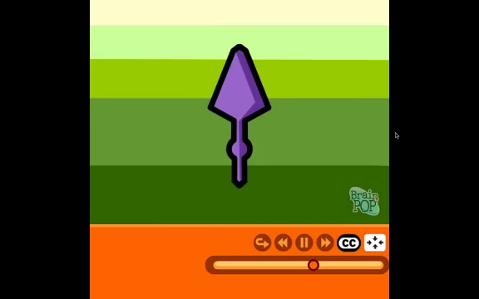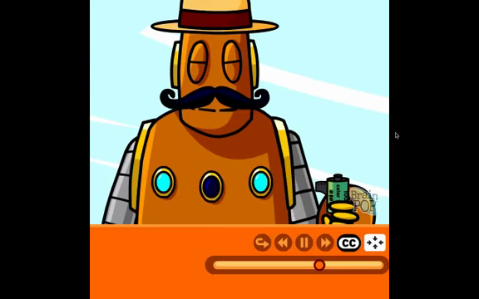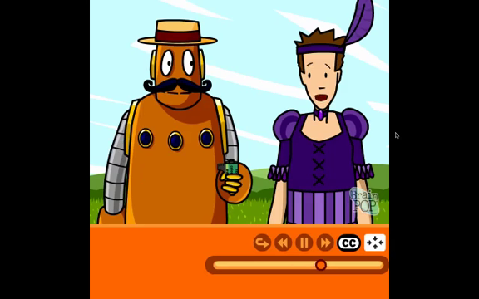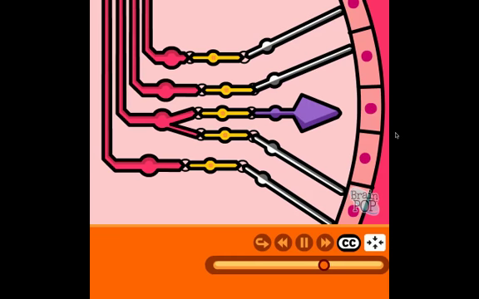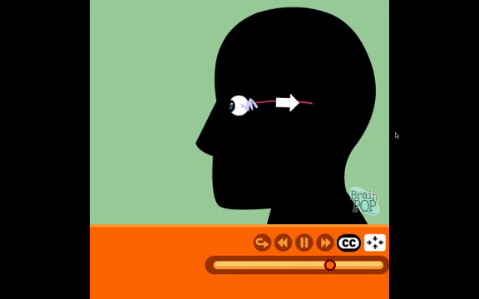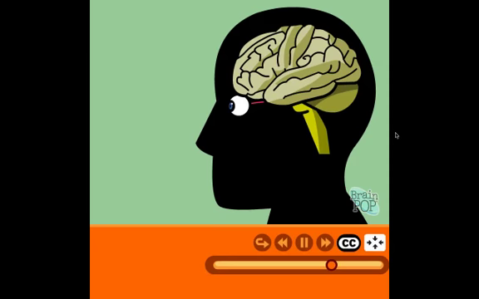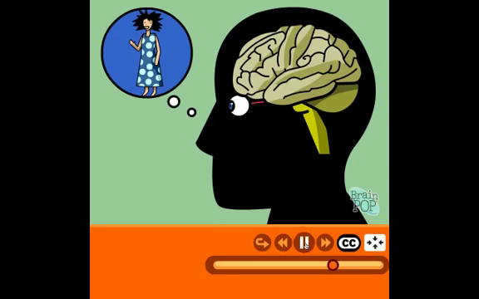The cones are less light sensitive, but unlike the rods, they can detect color. No, I am not posing for color pictures. So the lens projects an image onto your retina where the rods and cones transform the light and color into electrical impulses. These are transmitted up your optic nerve and into your brain. There, your brain decodes the image, and that's how you see.